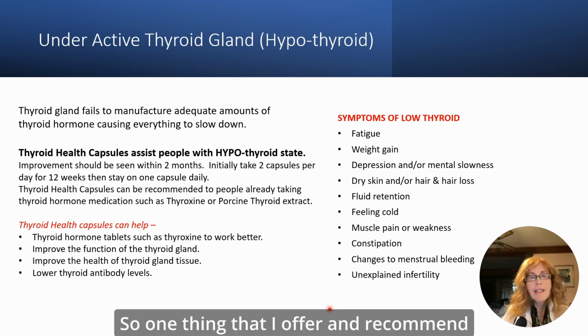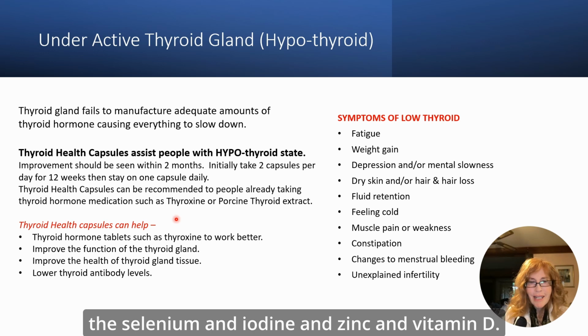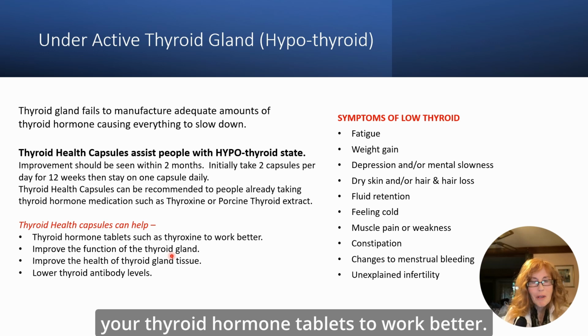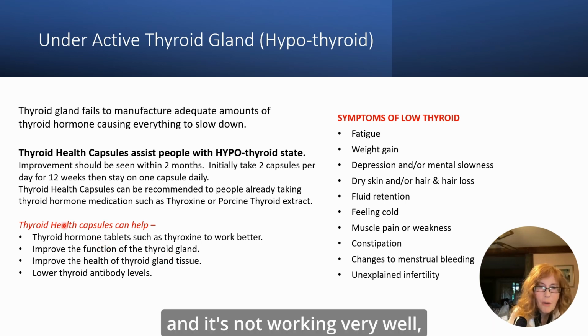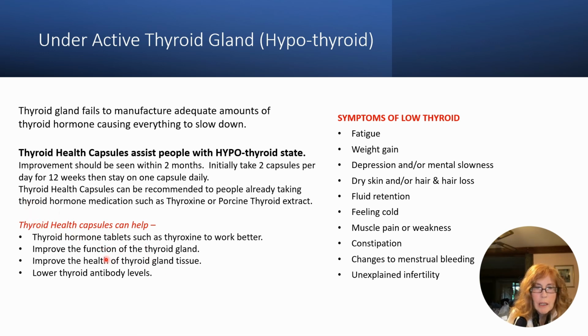One thing that I often recommend is thyroid health capsules, because they contain the selenium and iodine and zinc and vitamin D. And the thyroid health capsules can actually help your thyroid hormone tablets to work better. So if you're taking thyroxine and it's not working very well, sometimes the key is just to take these little thyroid health capsules.